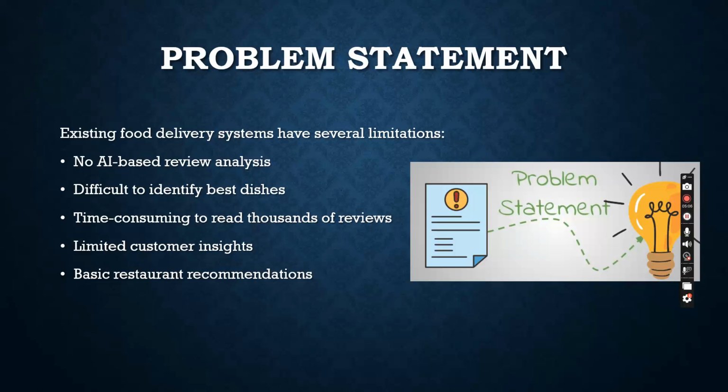Problem statement. Today, online food delivery platforms have become a part of our daily lives. Millions of people order food online every day because it is fast, convenient, and saves time. One of the biggest problems is that it lacks AI based review analysis. Reading all these reviews before placing an order is practically impossible.